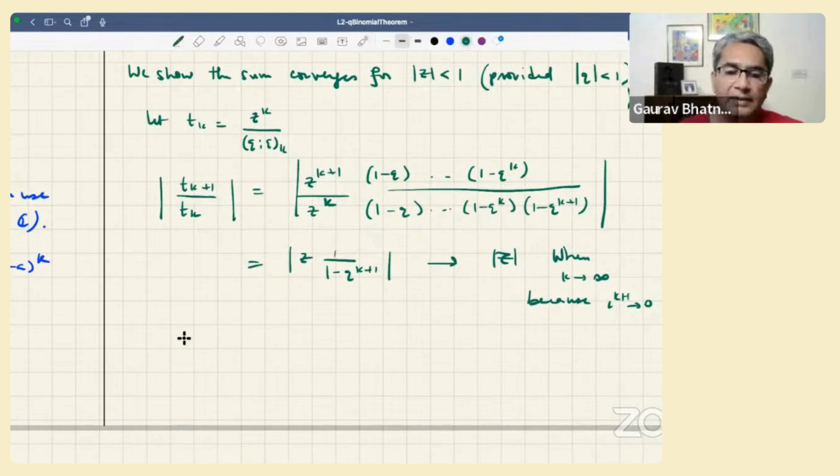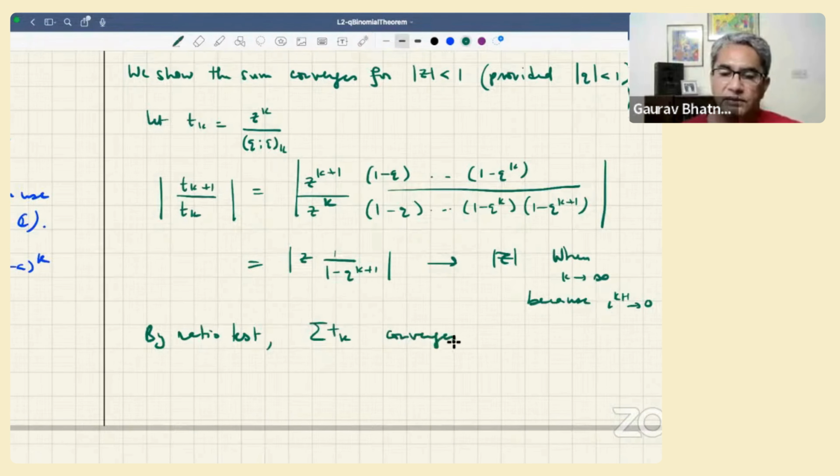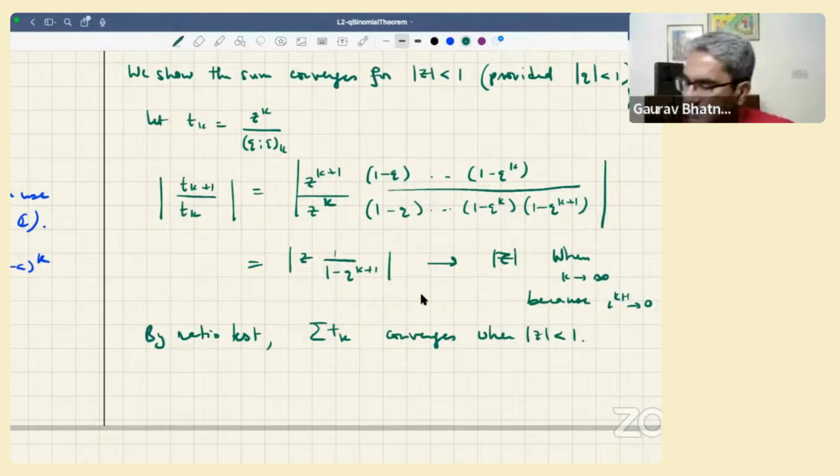So by the ratio test, the series t_k converges when absolute value of z is less than 1. This is about as tough a convergence test as is required in almost all of q-series.